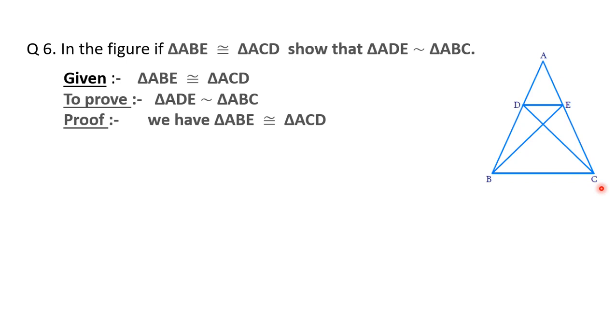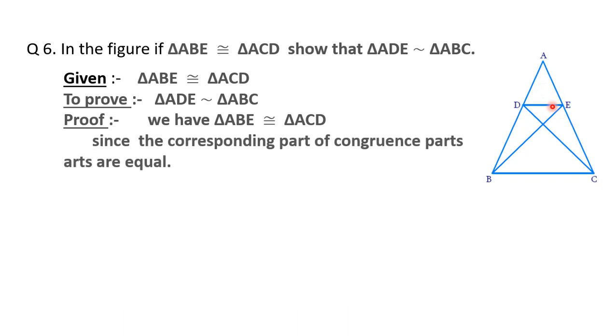So for proving this, we are given the triangles are congruent, so we can write corresponding parts of congruent triangles are equal. So AB, as it is given, triangle ABE is congruent to ACD, so the side AB is equal to side AC.